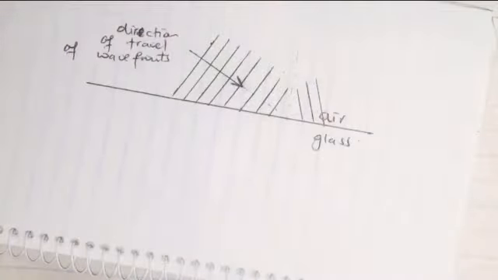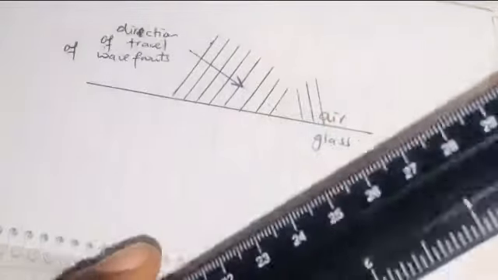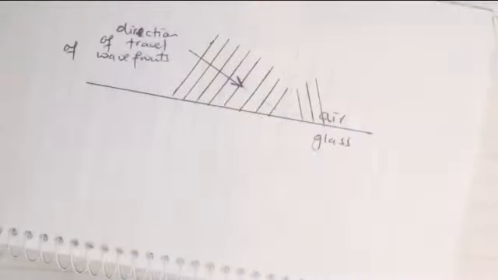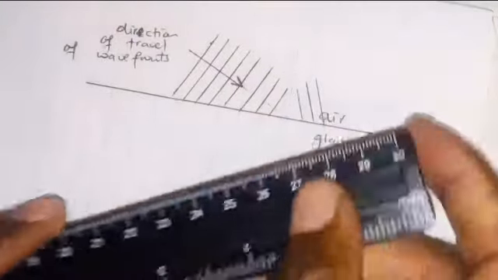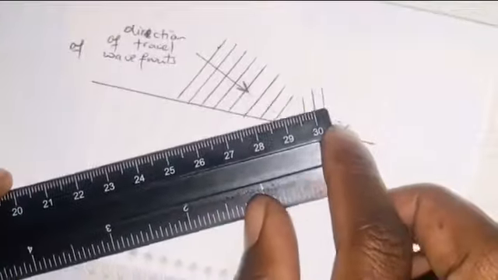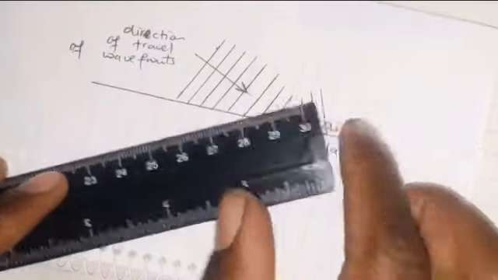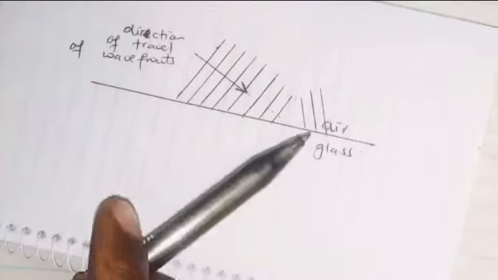Then question number 2 says the wave fronts of the refracted wave. So if it was going to be refracted, it was going to go in this direction, of course, because it's changing direction.